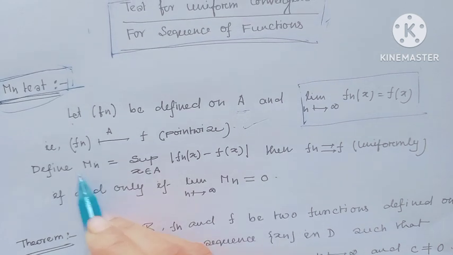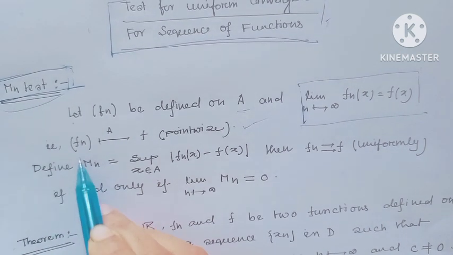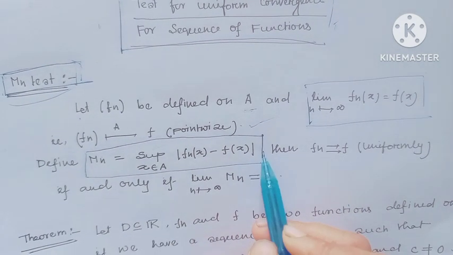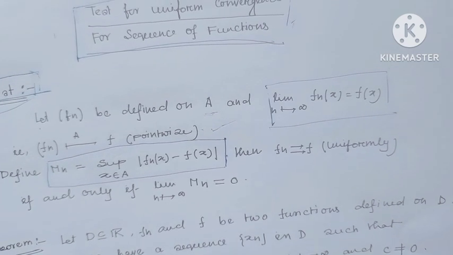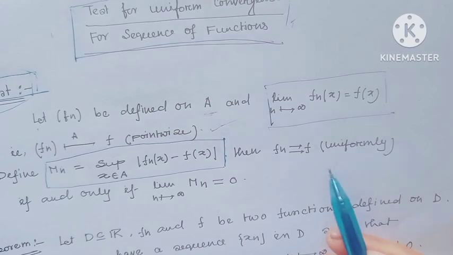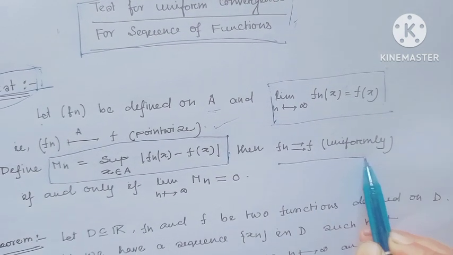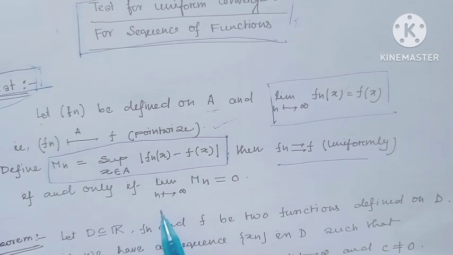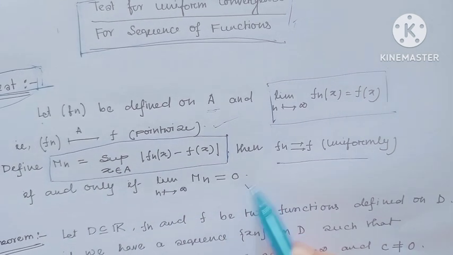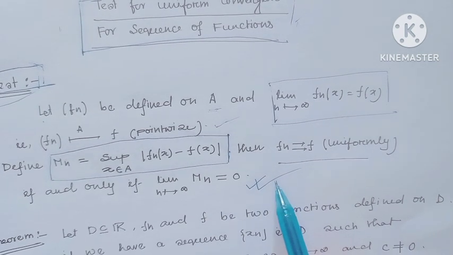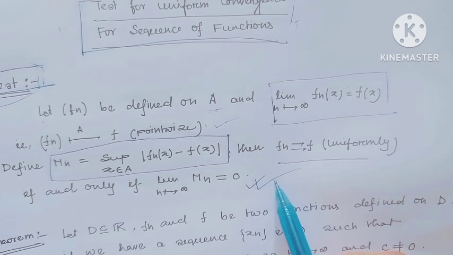If we define Mn equal to supremum x belongs to A of absolute value of Fn x minus F x, then Fn converges to F uniformly if limit n tends to infinity Mn equal to 0. If Mn tends to 0, then we can tell the sequence of functions converges uniformly. This is the Mn test, we all of us know.